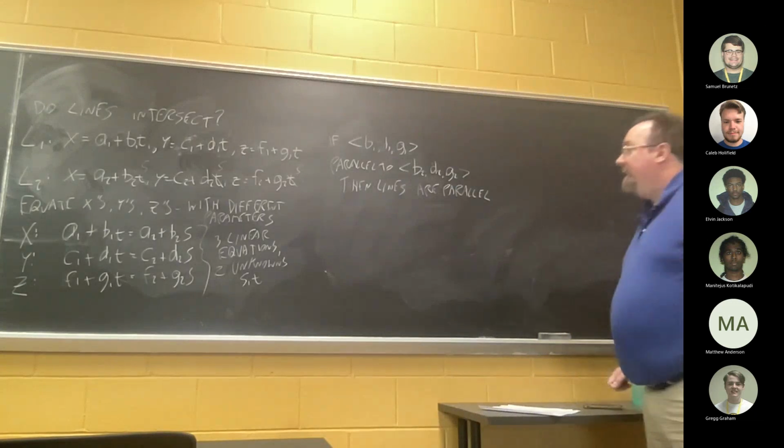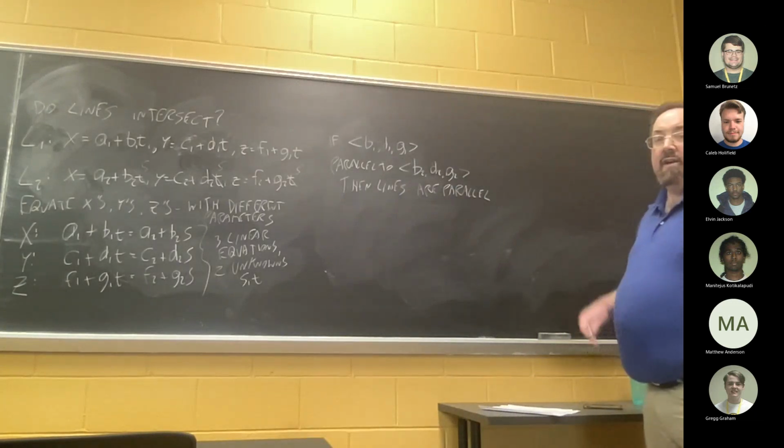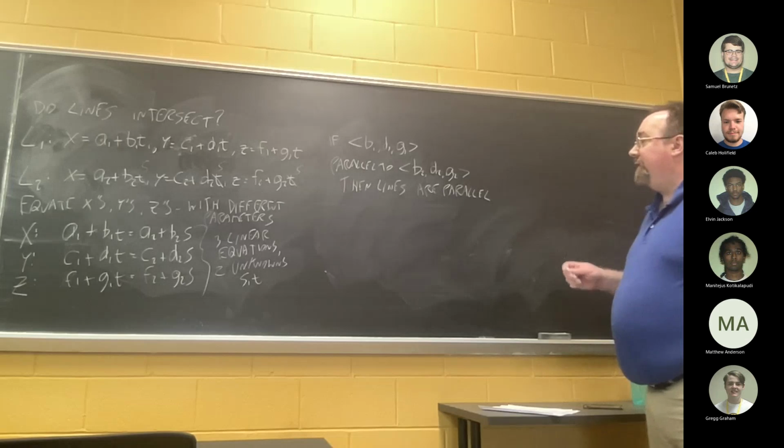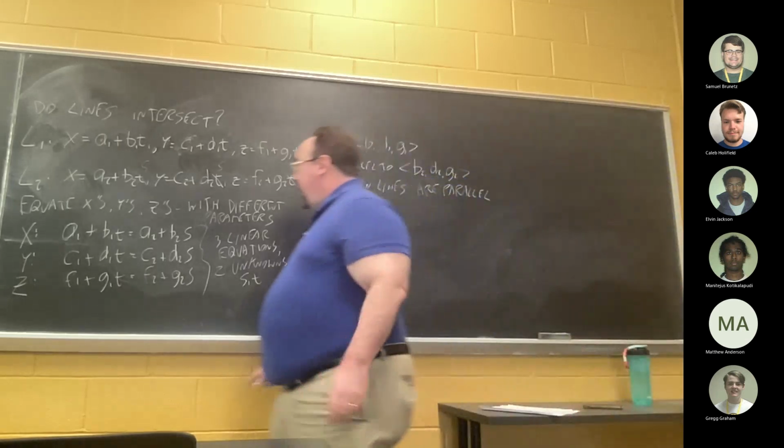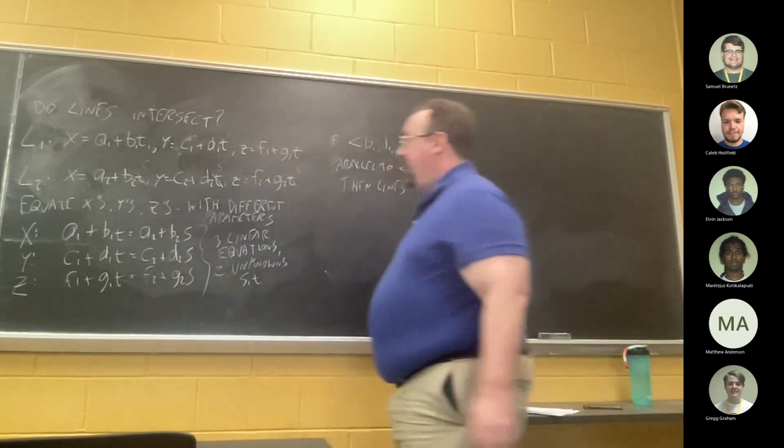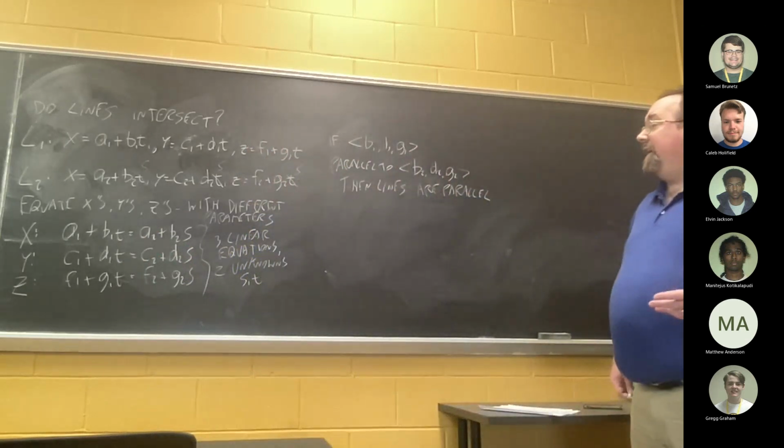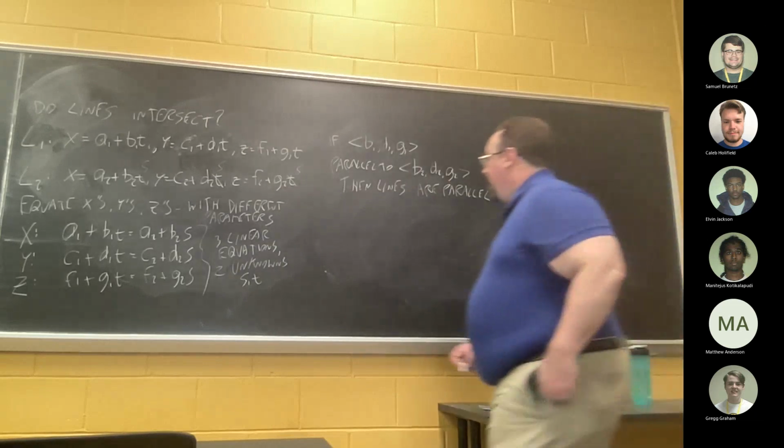Okay. Now, the approach I described last time was, you have, in a way, too many equations, so you can just choose any two of them and try to solve those and see if your solution satisfies the third one.